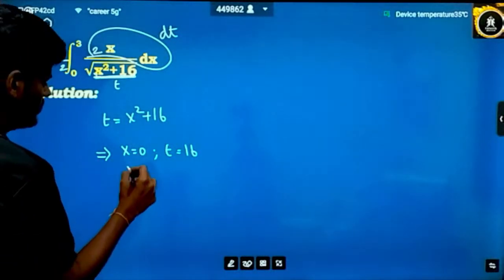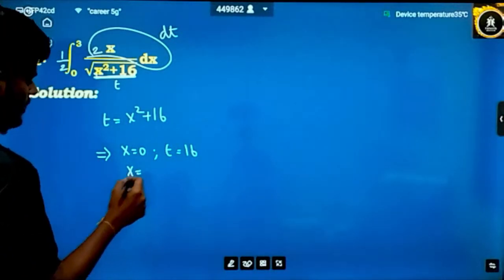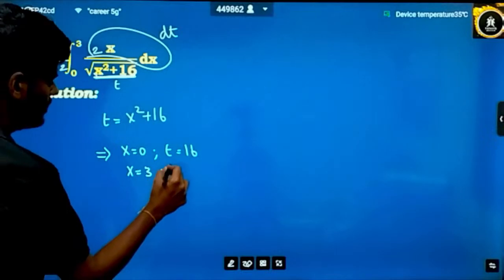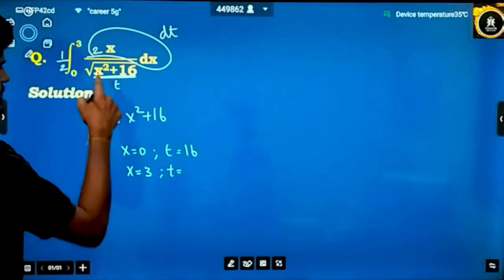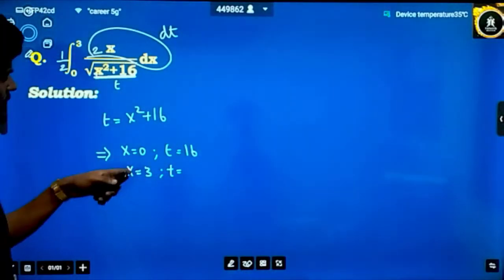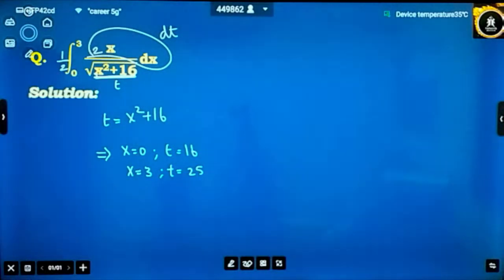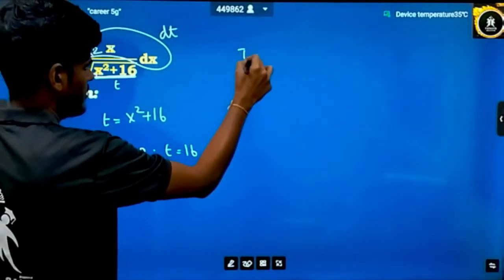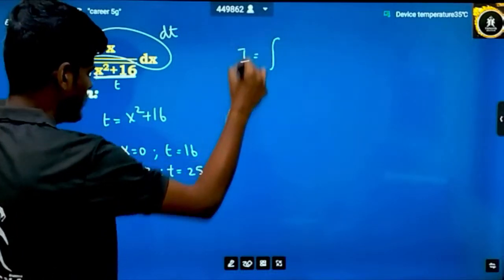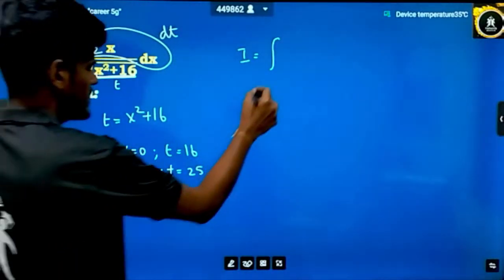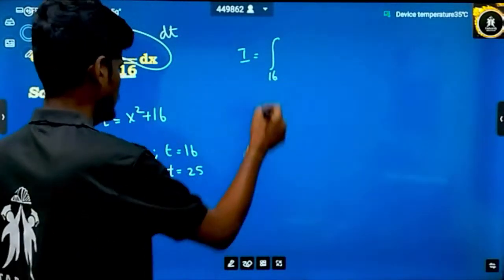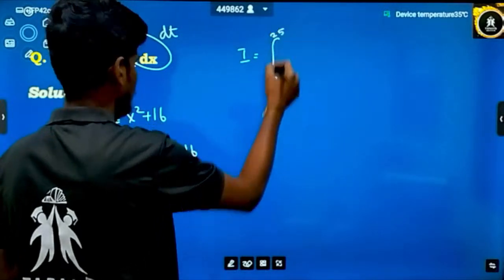And when x is equal to 3, t will be 9 plus 16, that is 25. Now this integral will become the integral with lower value 16 and upper value 25.